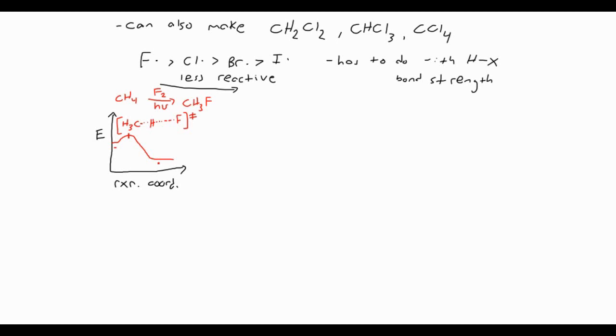So, because it's easier for the fluorine to pull off the hydrogen, because it has that stronger bond to hydrogen, the CH bond that's being broken here is going to be shorter.